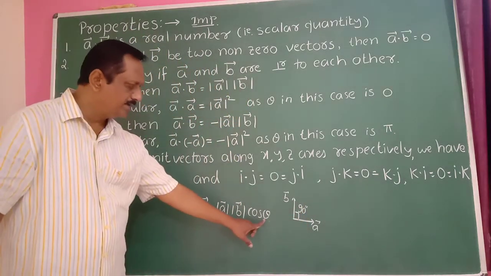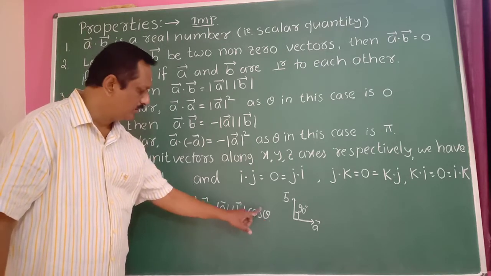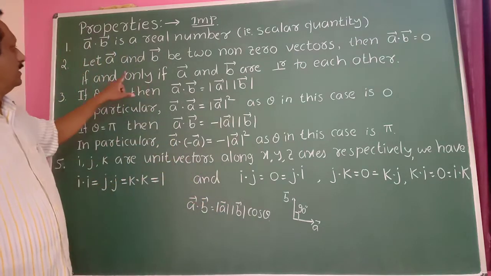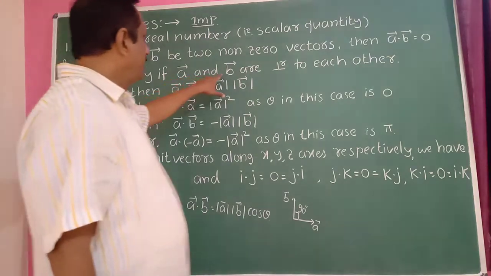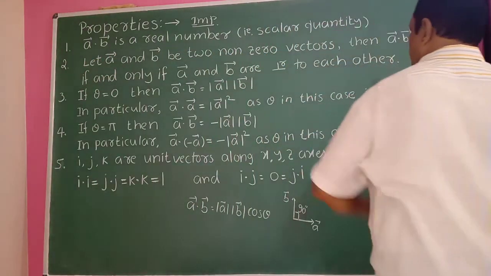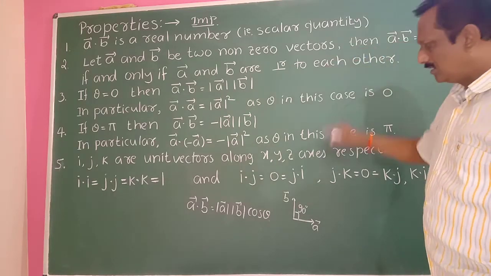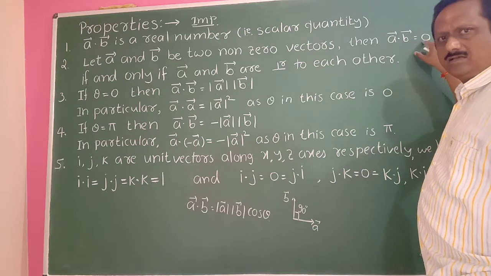Then theta is 90 degrees, and you know that the cos 90 degree value is 0. Hence this complete term becomes 0. Hence a bar dot b bar is 0 if and only if a bar and b bar are perpendicular to each other. If a bar dot b bar is 0, they are perpendicular, or if they are perpendicular, then a bar dot b bar is 0.